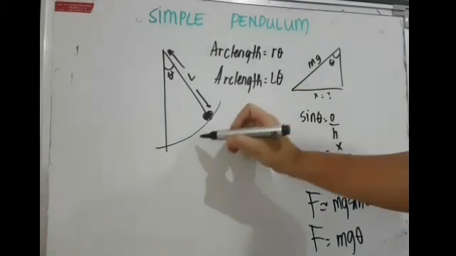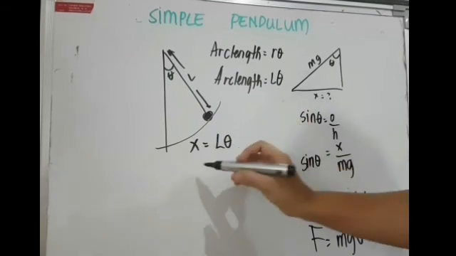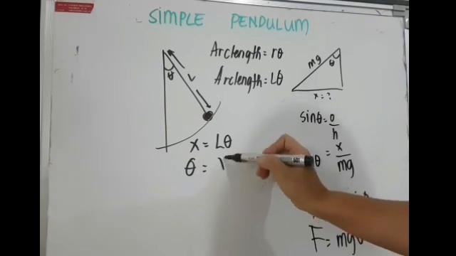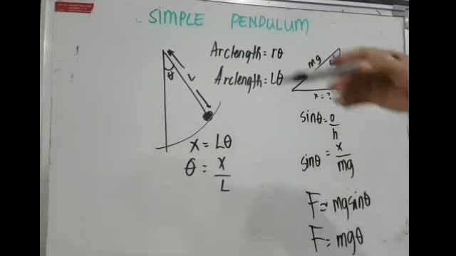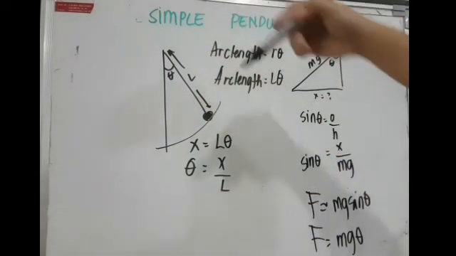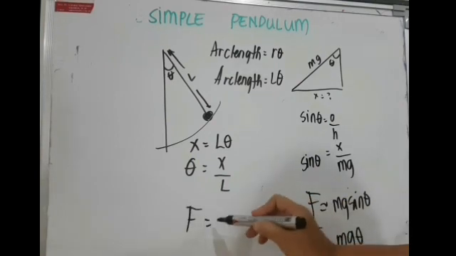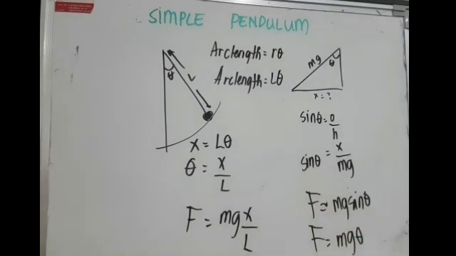So let's consider this arc length as x equals L theta. So our theta could also be expressed as x over L. So you have here the arc length, and then the L, which is the radius. So another equation for this is that F could also be mg x over L. Since it's a restoring force, we can consider it as negative.